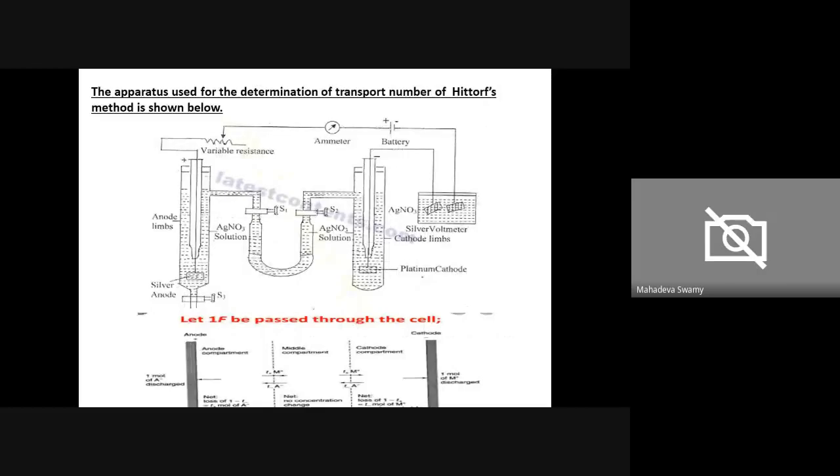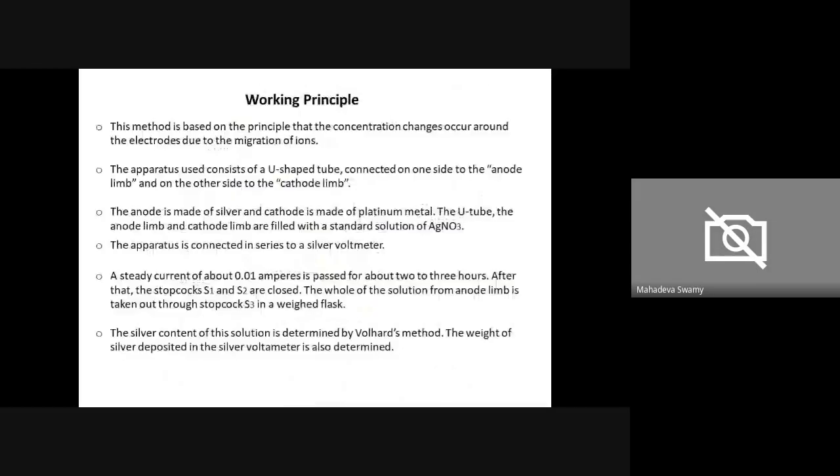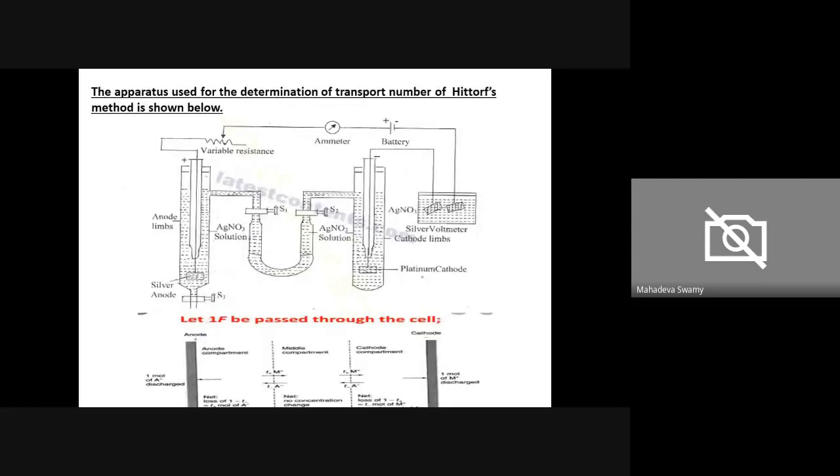Next, a steady current of about 0.01 ampere is passed for about 2 to 3 hours. What happens after that? Stopcocks S1 and S2 are closed.